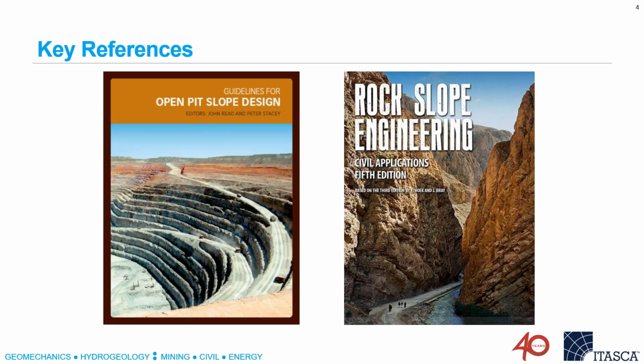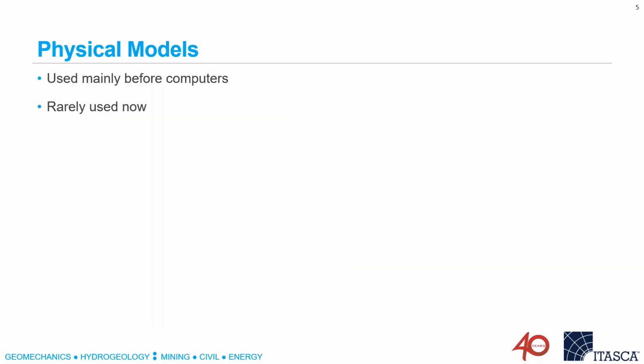And then a more civil engineering oriented book on the right from Wyllie and Mah is really a follow-on from the 3rd edition of Hoek and Bray's classic text on rock slope engineering. So these are 2 very good references. Pretty sure they're available in electronic form for purchase. But as I said, if you're only going to have 2 things, these would be the 2 to have.